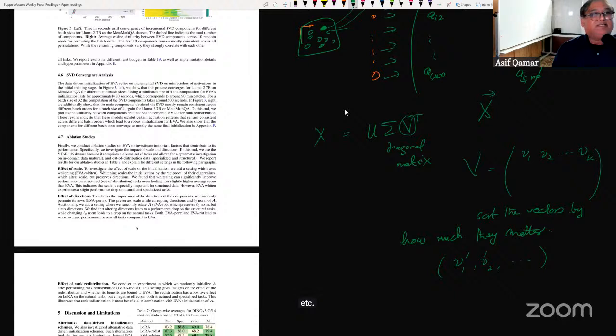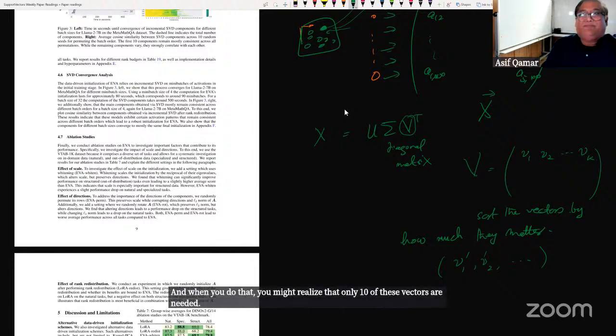And then what you do is, just say that only give me those vectors that, in some sense, might help explain or are responsible for, let's say, 90% of the information, right? And when you do that, you might realize that only 10 of these vectors are needed, right?